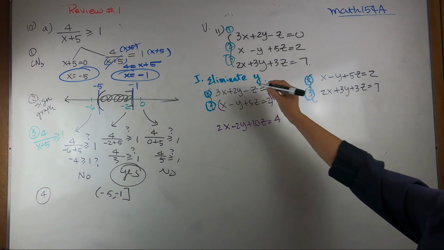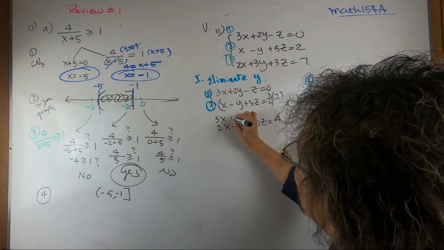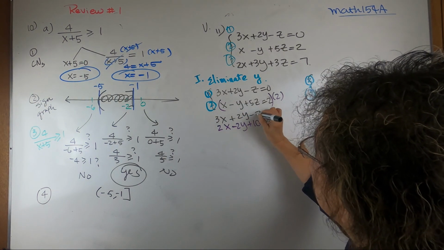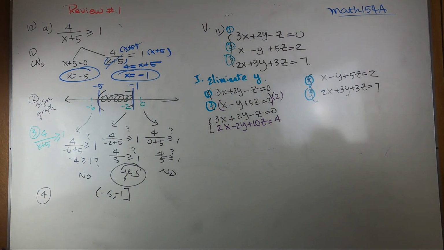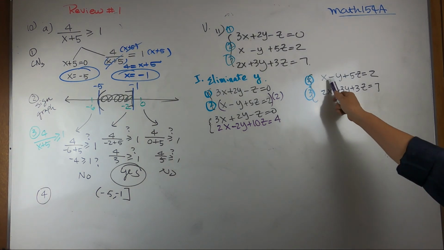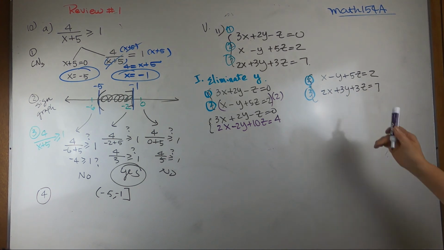Then you pair up with the original. I give you an answer here, but for the test, you better check yourself. All right, I double check this one, looks all right.